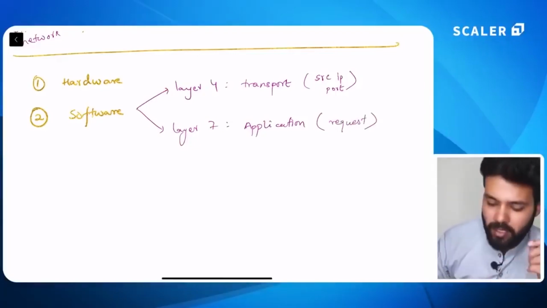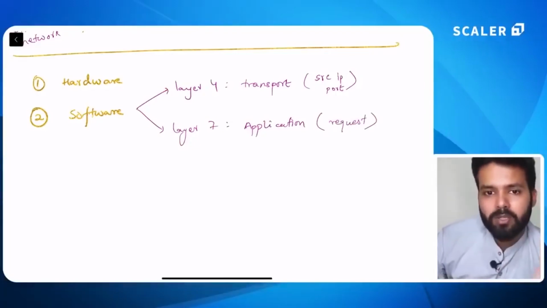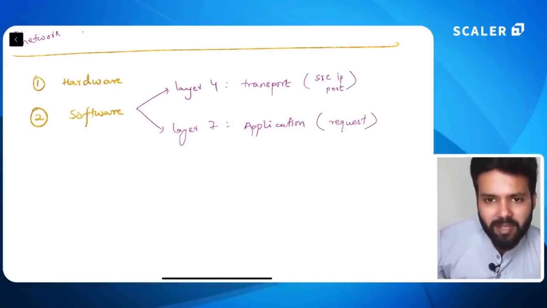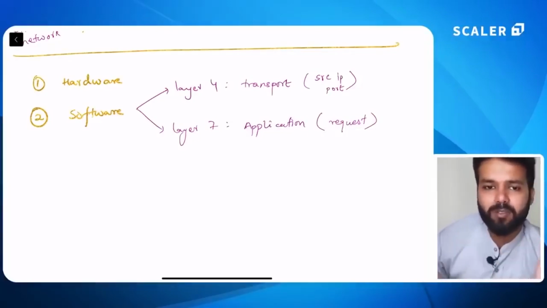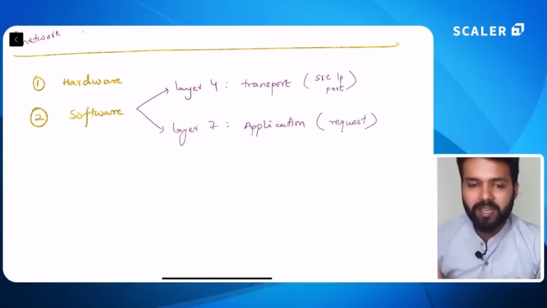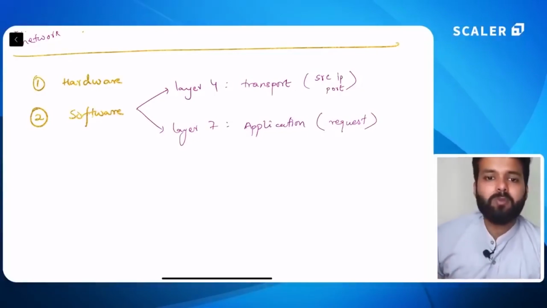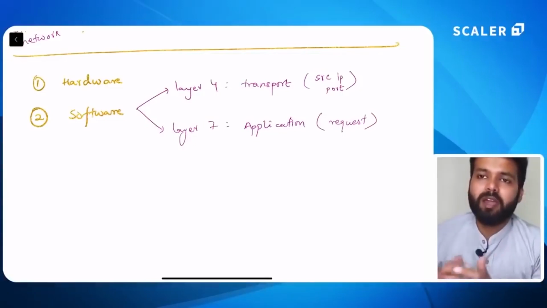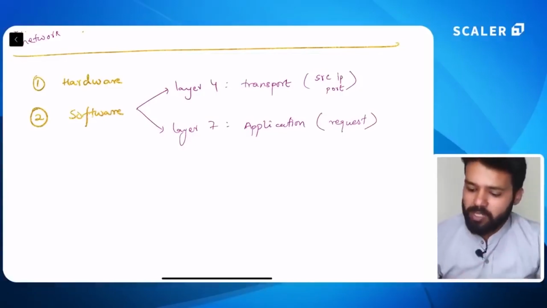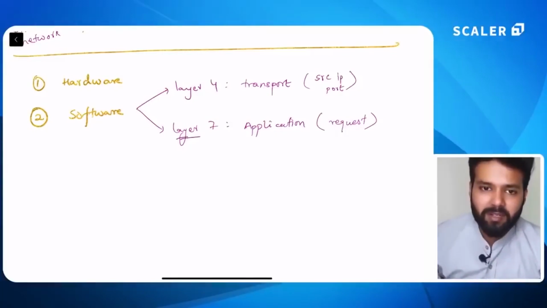So in layer 4, it will be much faster to route the request, whereas in layer 7, it will wait for all network packets to arrive before deciding which server should serve my incoming request. But these days, we have much better hardware, which is drastically reducing the slowness factor of layer 7.